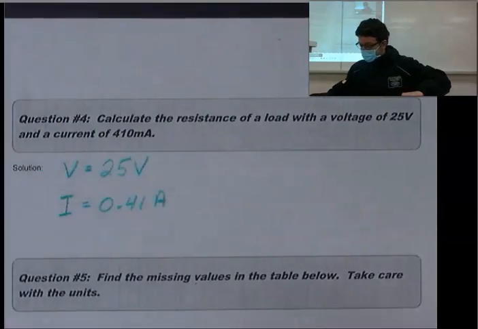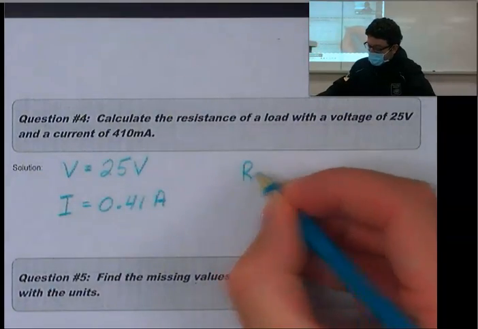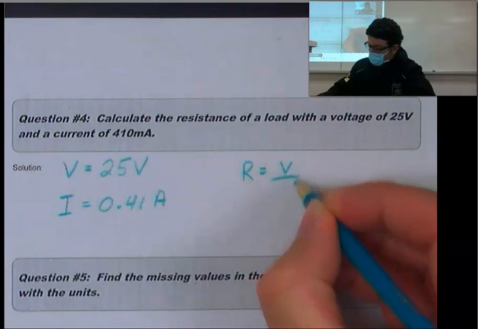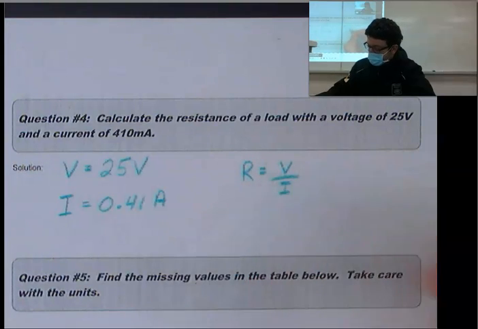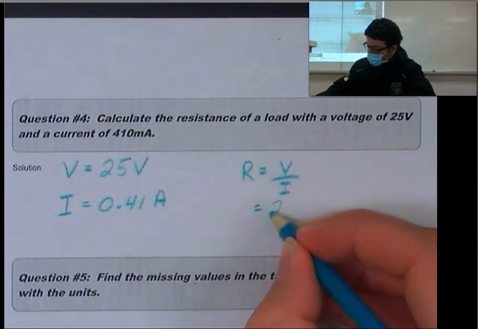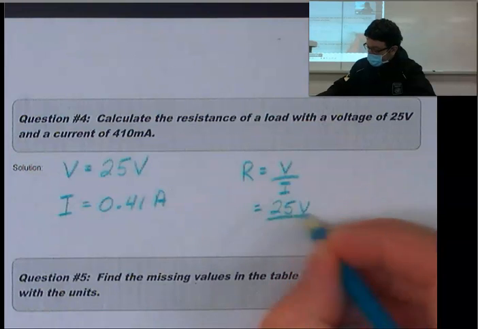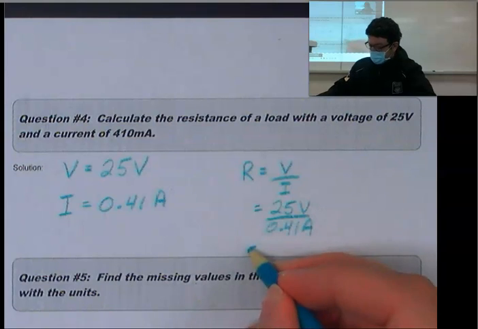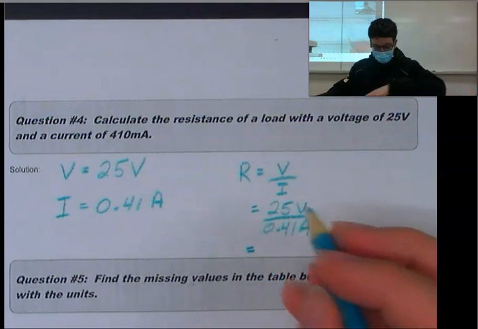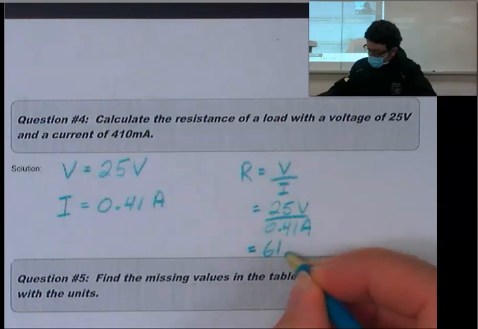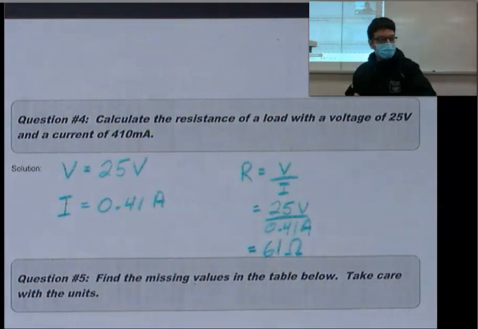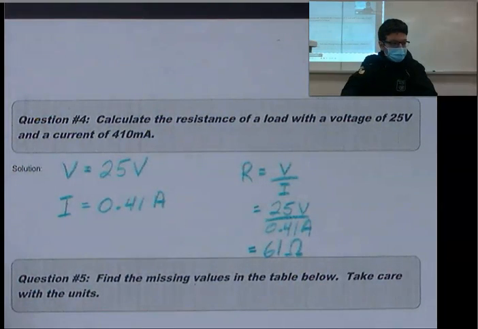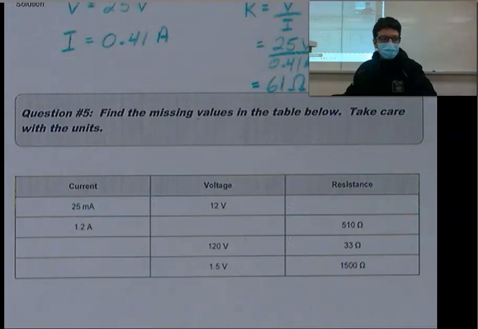So we'll write resistance equals voltage divided by current, which is 25 volts over 0.41 amps. We get a resistance of 61 ohms. I'll just pause there.